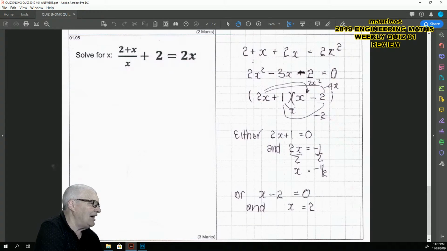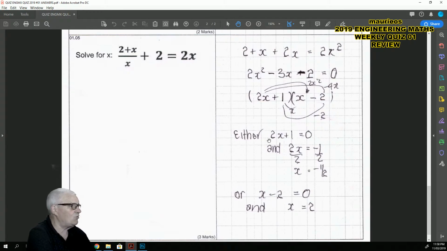And this 2, I'm going to go minus that 2, brought over to this side, and that's all equal to 0. So I've got 2x squared minus x minus 2x is minus 3x, minus 2, all equal to 0, because I've taken everything from that side and put it over onto this side.